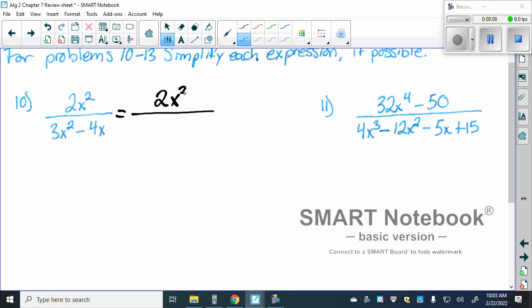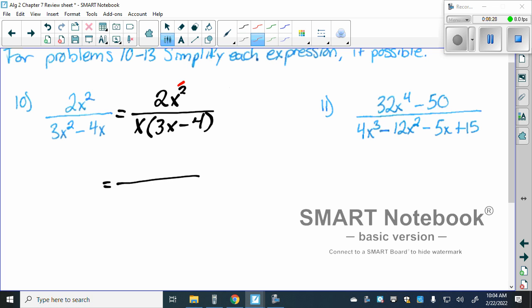the numerator doesn't factor at all because it's a single term. The denominator, we can't factor it into two sets of parentheses, but it does have a greatest common factor of x. And if we factor it out, we get 3x minus 4 left inside.